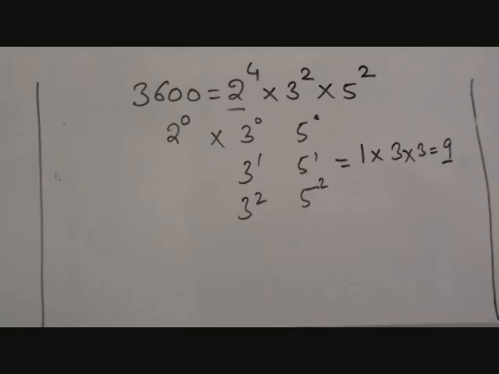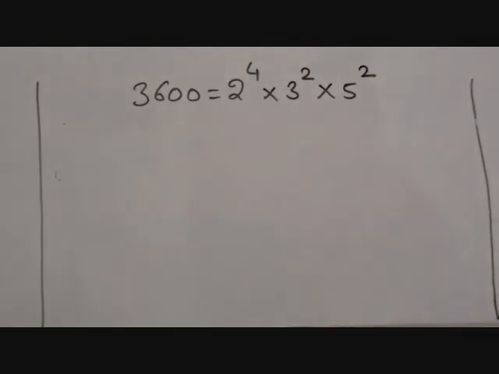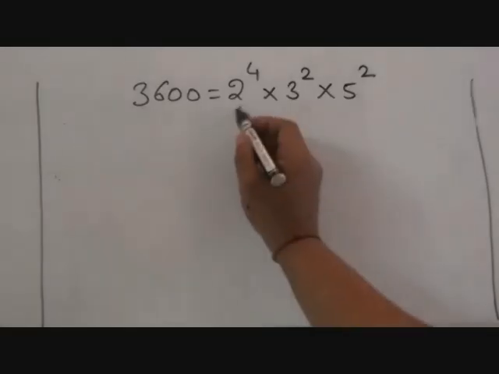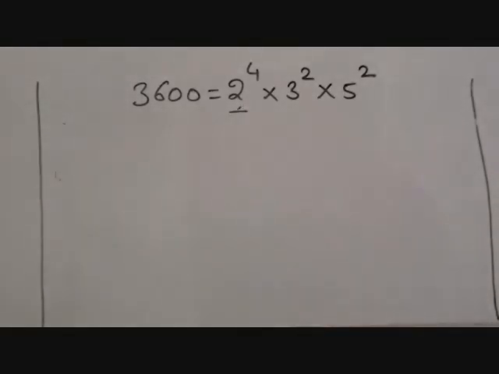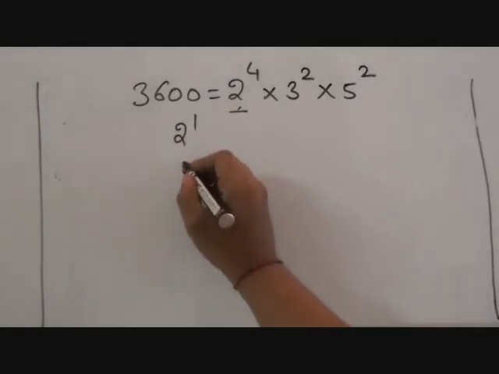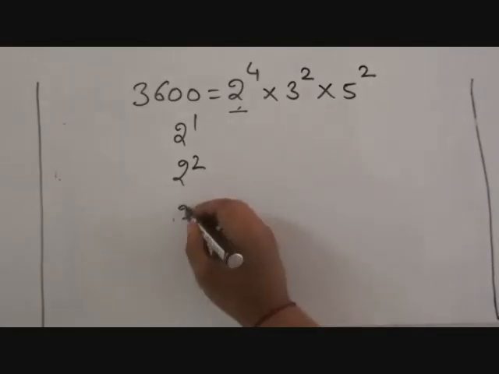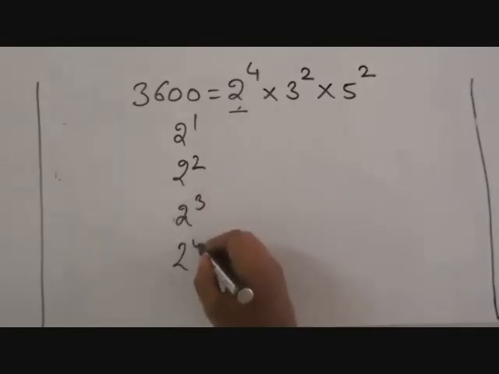Now let's calculate the number of even divisors of 3600. For taking the even divisors of 3600, we need at least one power of 2, because even numbers are numbers which have at least one power of 2 in them. Therefore, the powers of 2 that we can take are 2 raised to 1, 2 squared, 2 cubed, and 2 raised to 4.